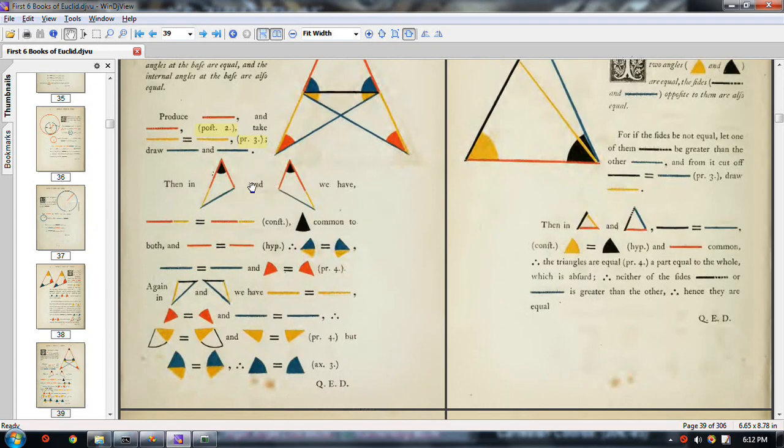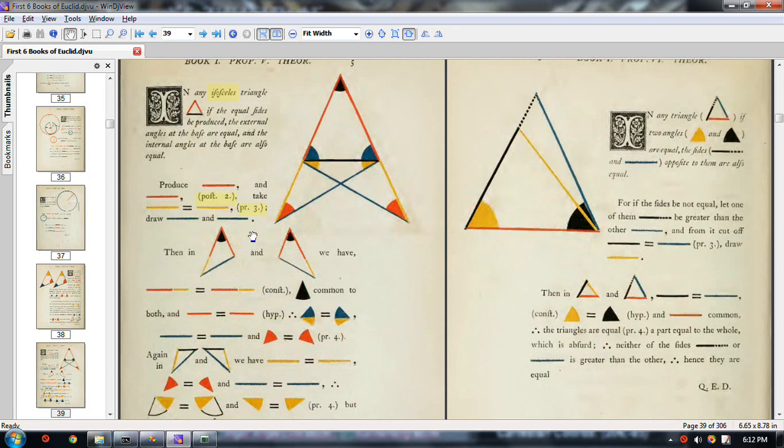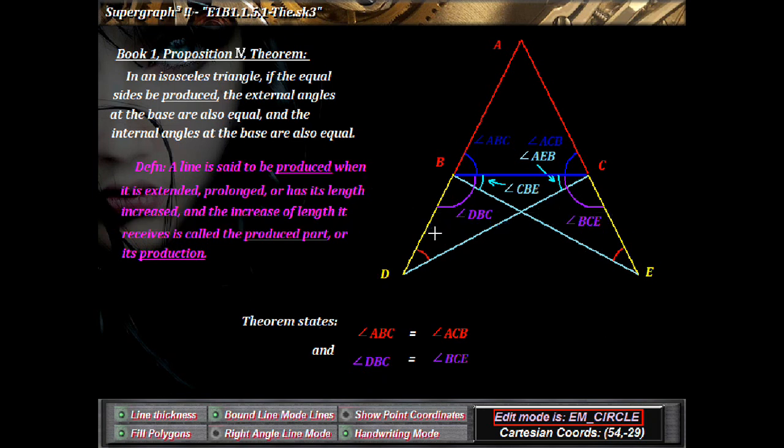All right. Given that we can do that, part of the procedure here is to draw these two lines. I've already done that. Okay, and I've also indicated what we're trying to prove.